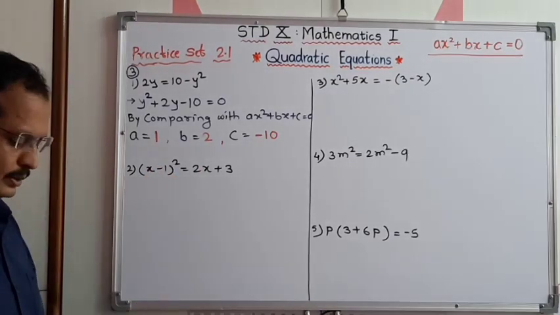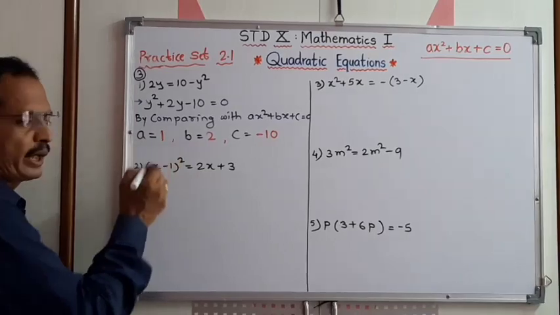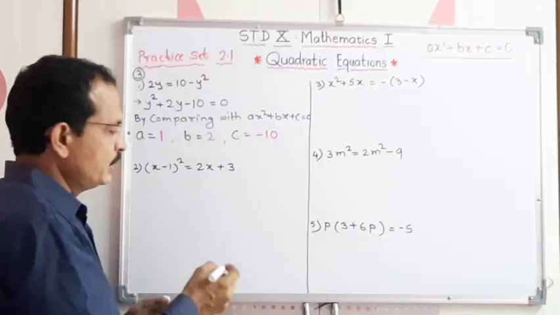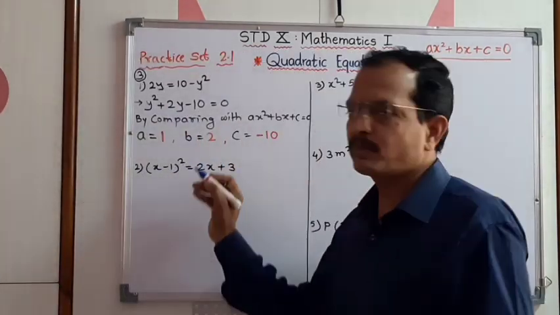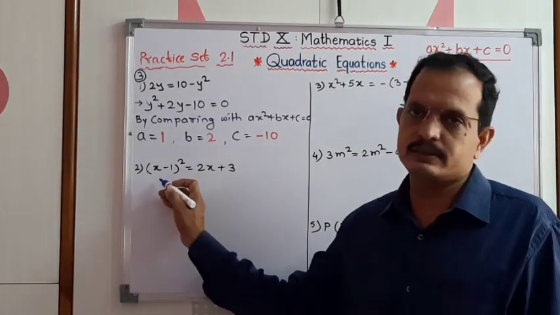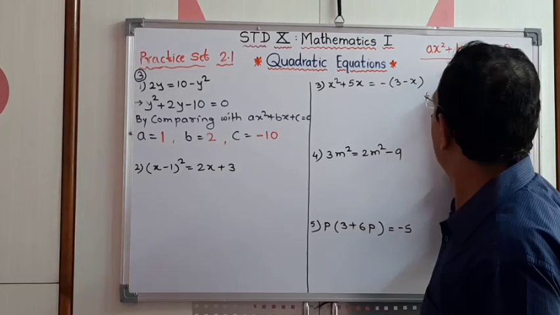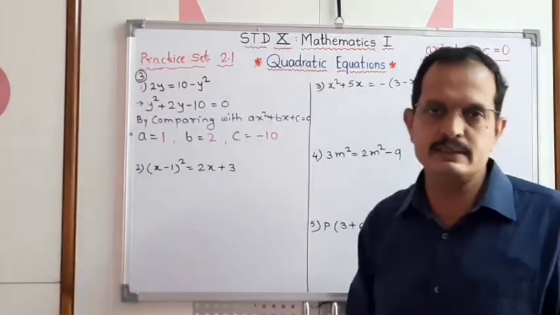See the second one. Here x minus 1 bracket square equal to 2x plus 3. Now see this bracket, x minus 1 bracket square. That means we have to expand this by using the a minus b bracket square expansion formula. What is that?